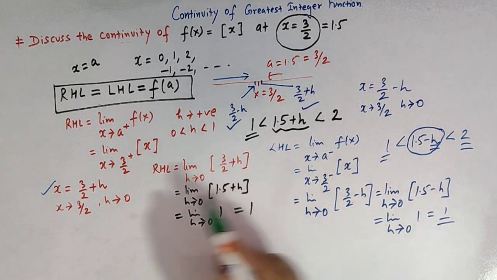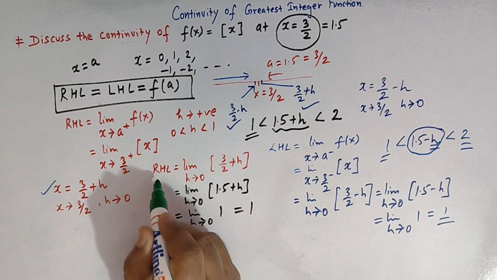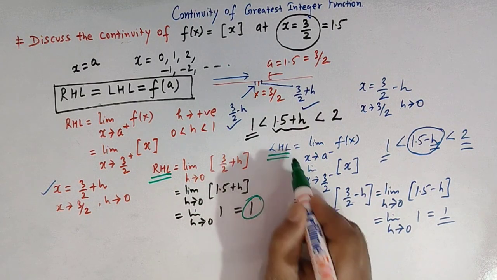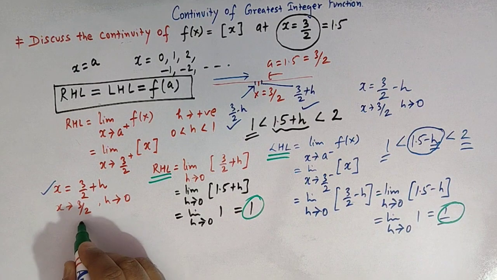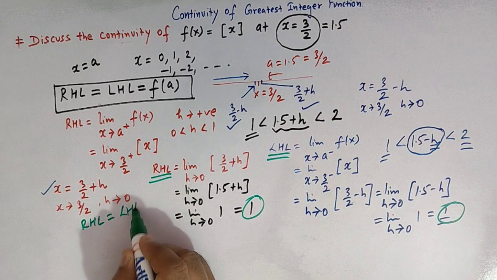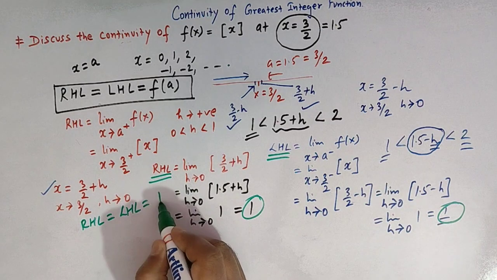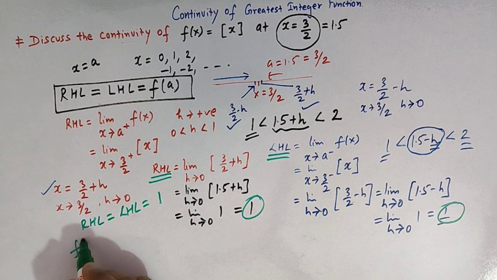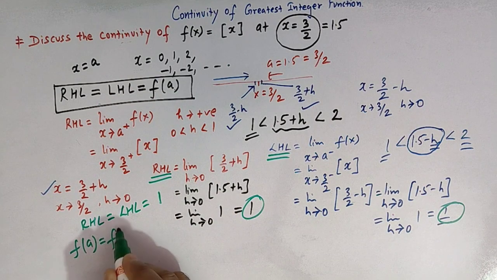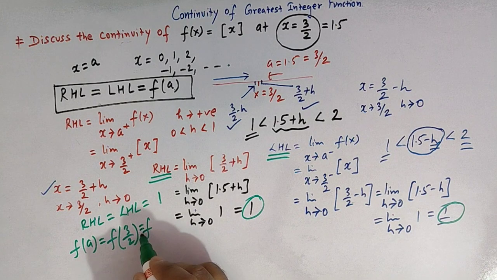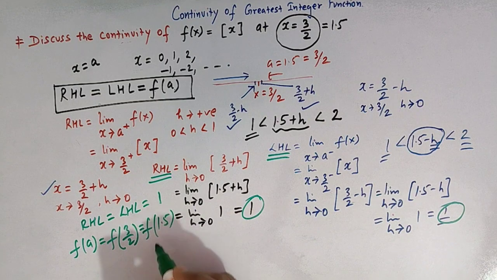So viewers, we have seen that the right hand limit is equal to 1 and the left hand limit is also equal to 1, right? So the right hand limit is equal to the left hand limit, that is equal to 1. Now let us find out the value of f of a, and f of a is f of 3 by 2, which is f of 1.5, right?